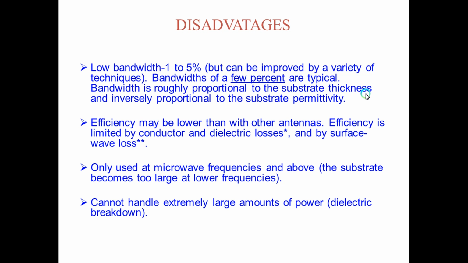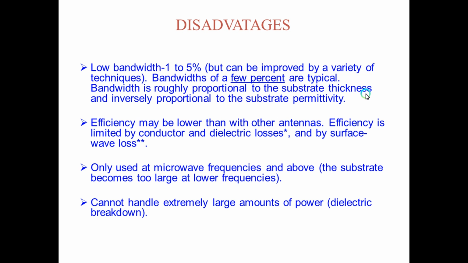Then the second point: efficiency may be lower than with other antennas. Why? Because it contains three losses. One is conductor loss, another is dielectric loss, and the third is surface wave loss.